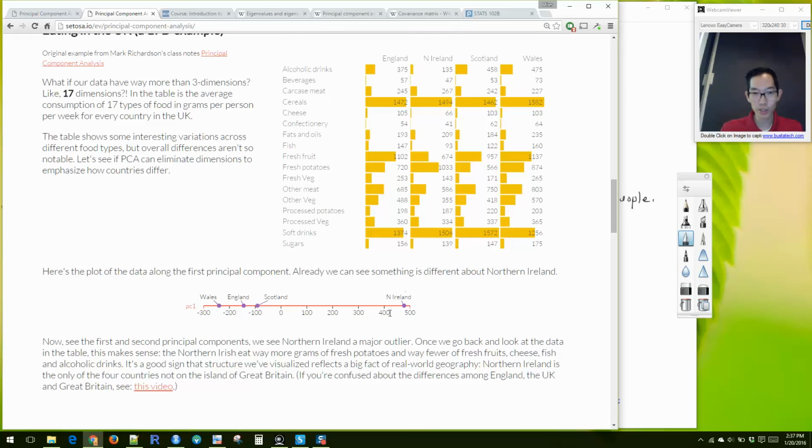But here we see Northern Ireland is quite profoundly different from the other three. Looking very carefully, you say, in Ireland they eat a lot of potatoes and they don't eat as much fruit. So all of your stereotypes about Ireland are supported in the data.